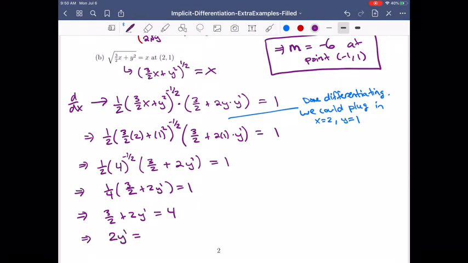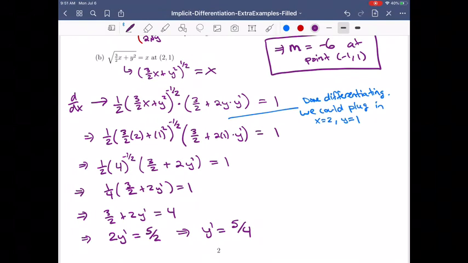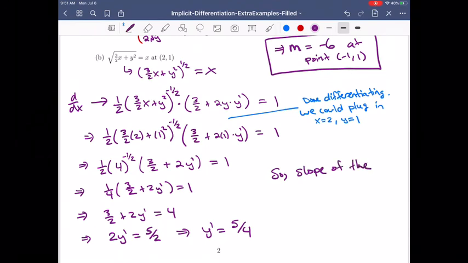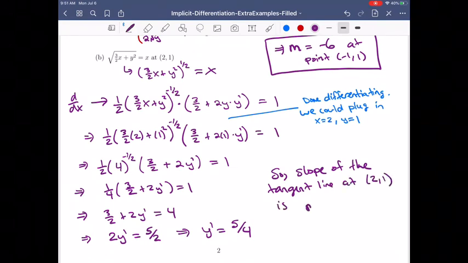So 2y prime is 4 minus 3 over 2, which is 5 over 2. Right? It's 8 over 2 minus 3 over 2. And then I divide by 2. So I get y prime is 5 over 4. Okay, so that means the slope of the tangent line at the point 2, 1 is m equals 5 over 4.